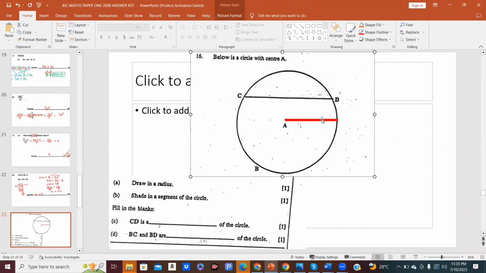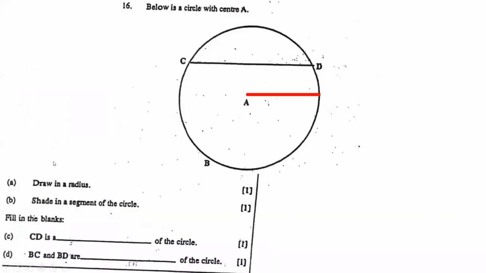The radius starts at point A and ends at any point of the circle, it doesn't matter. I just chose the right-hand side, but that's the radius. Now, the next question says they want us to shade in a segment of the circle.